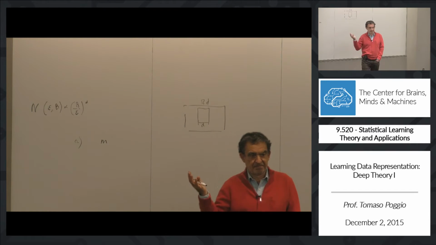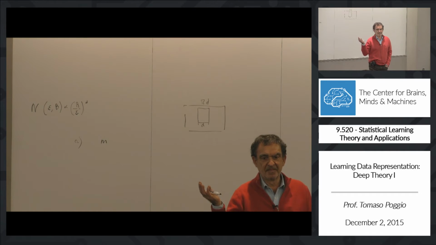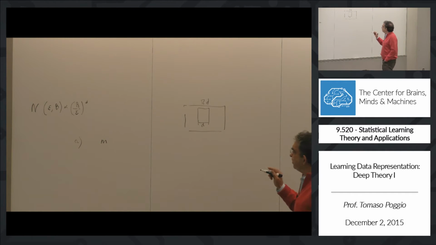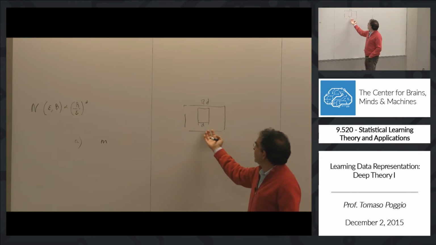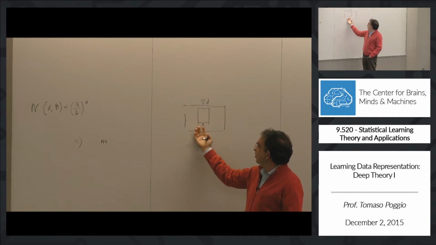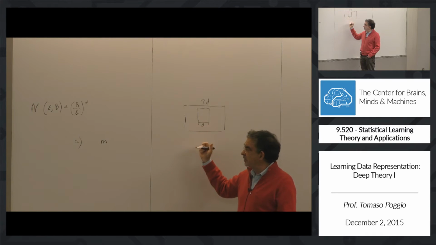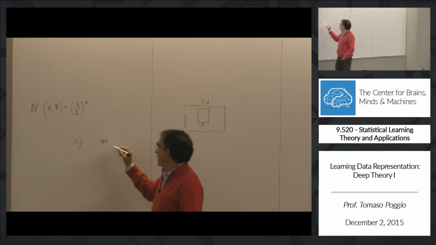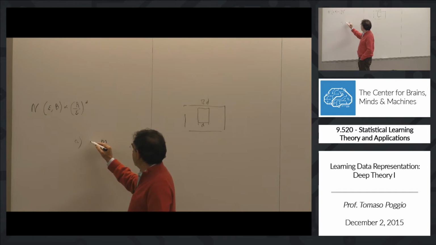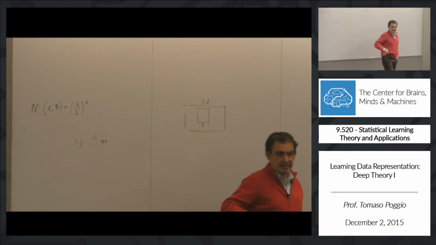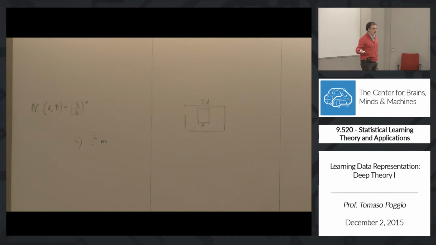Because now this may happen. And so the obvious thing is, if I want to consider all possible translations where these objects can appear, I have now to have, for each example, R square virtual examples.